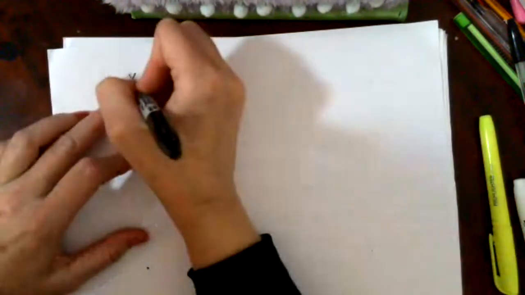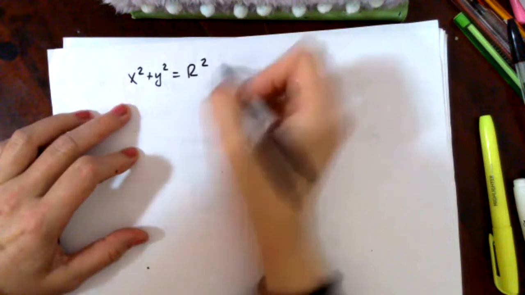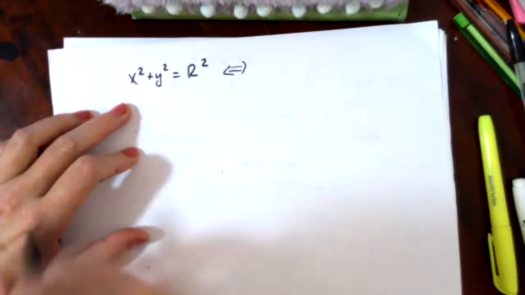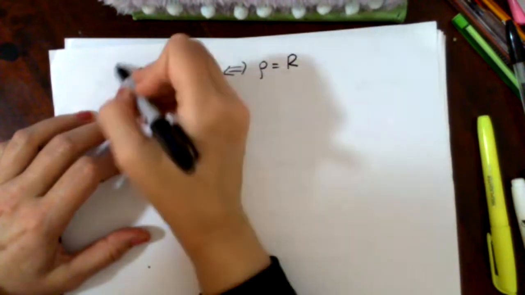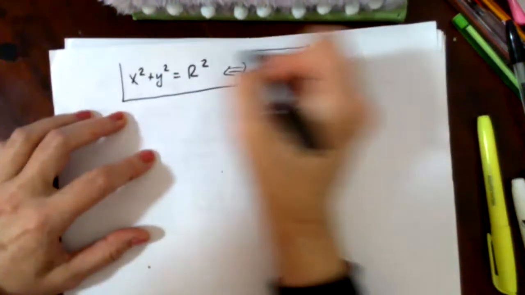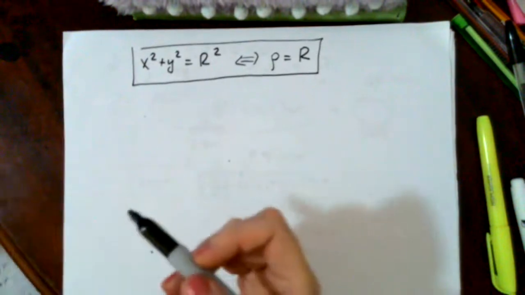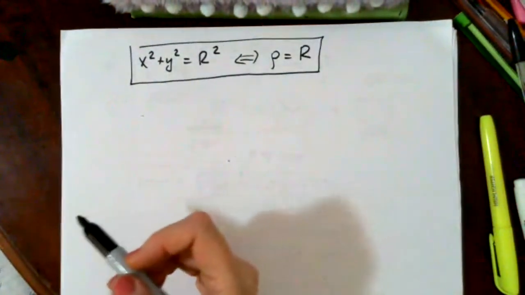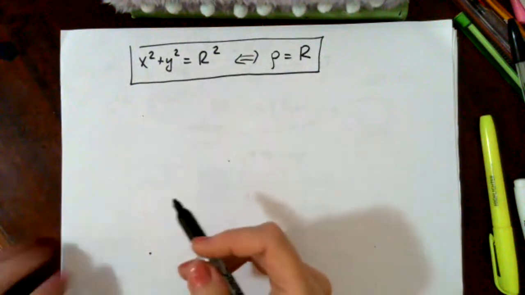So we can make a conclusion that any circle of this form, x squared plus y squared is equal to radius squared, can be rewritten in the polar coordinate system just as rho is equal to radius. Radius is a constant. So it's quite an amazing fact. You see that the equation of the circle simplifies dramatically, I would say. It looks really, really attractive now, especially when it comes to integrating.